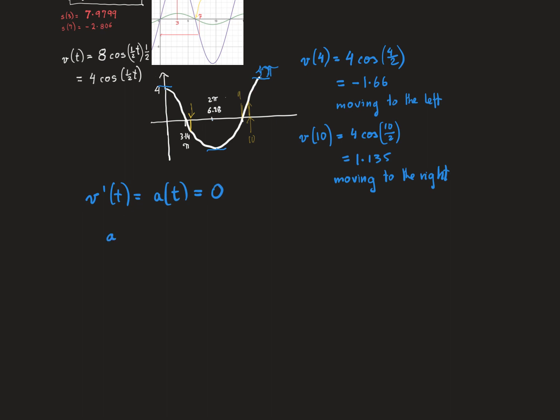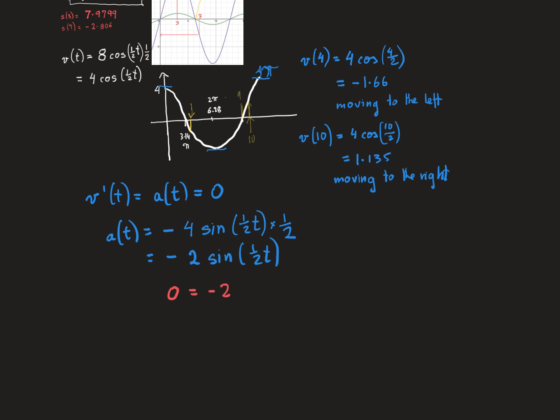So acceleration will be minus 4 sine, because cos becomes minus sine, and we have to multiply by a half because of the chain rule. This will then become minus 2 sine of half t. But we have to make it equal to 0.